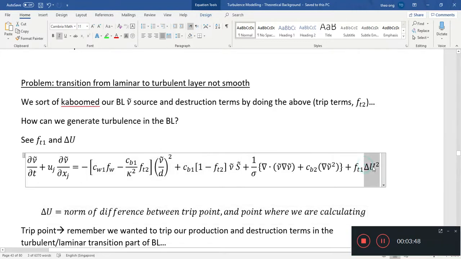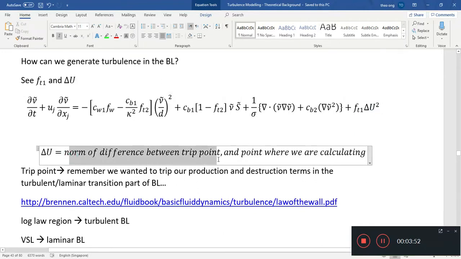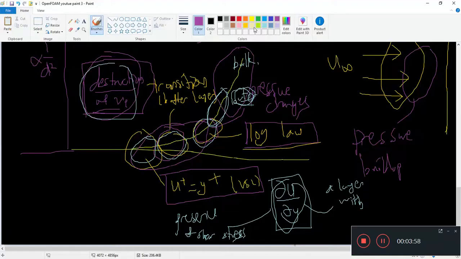So first things first, what is delta U? Delta U is the norm of the difference between the velocity at the trip point and the point we are calculating. So what is this trying to say? Let's say your trip function happens here, somewhere in the turbulent transition regime. You measure the velocity here.